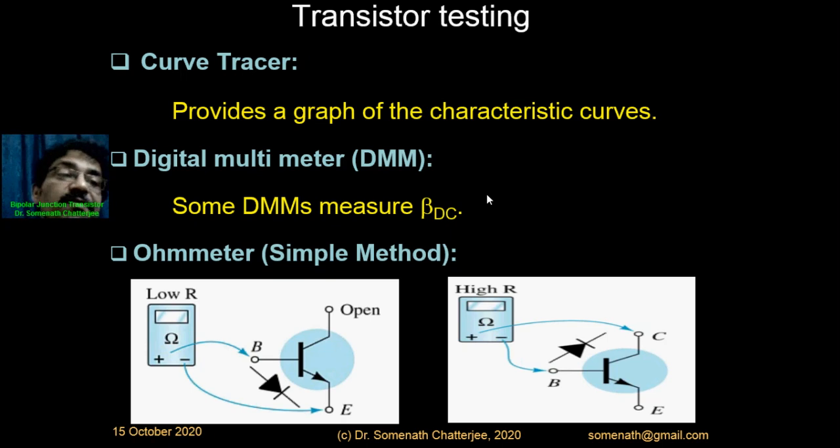From there you can identify the collector, and the one near the notch will be another. So there are a lot of conventions when you use a transistor in a circuit. When you do real-time operation, you should understand it at the circuit level, such that you can identify it and put it in the proper way.